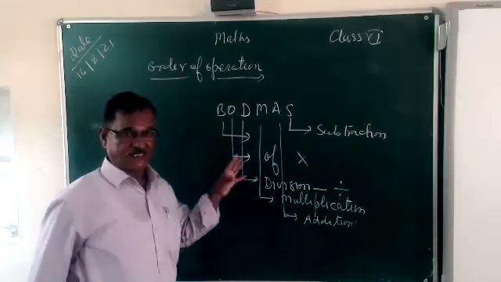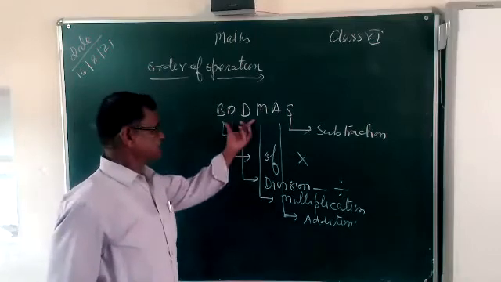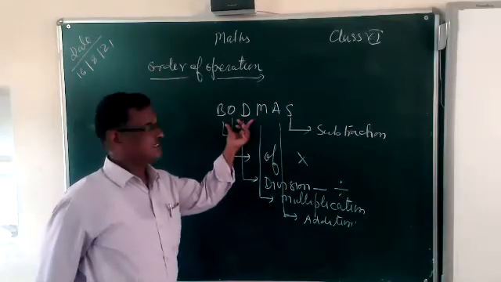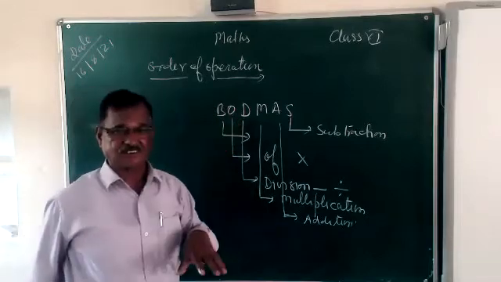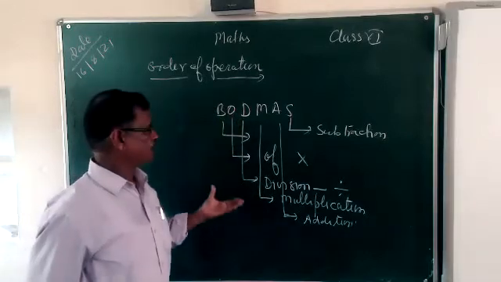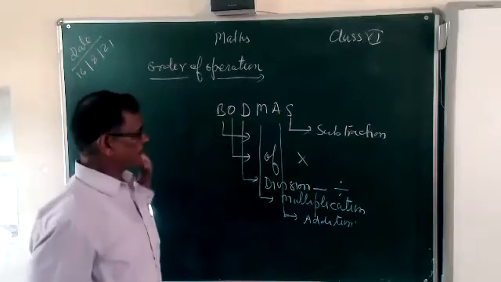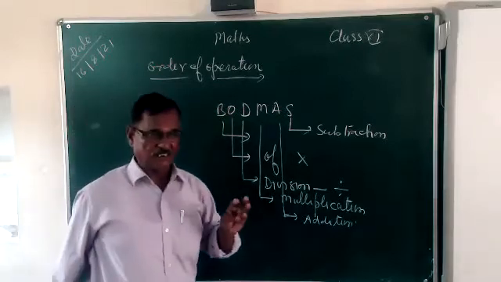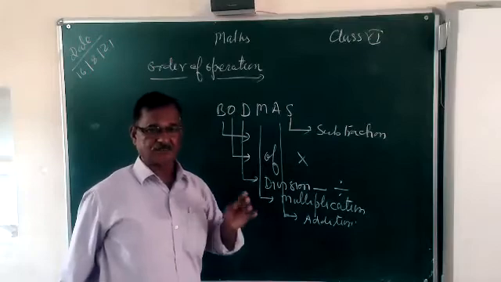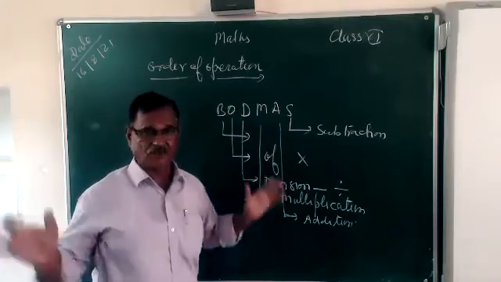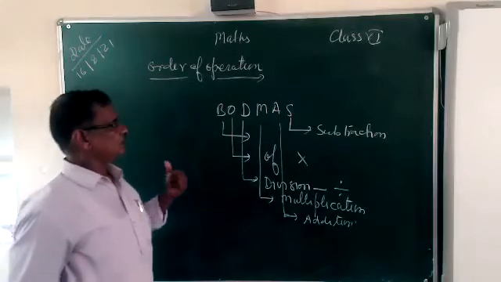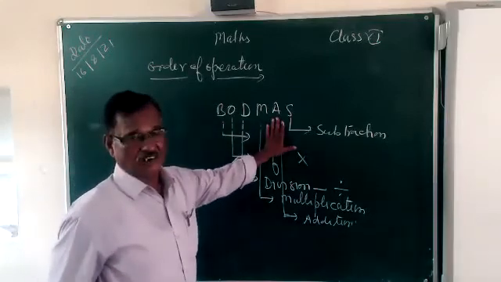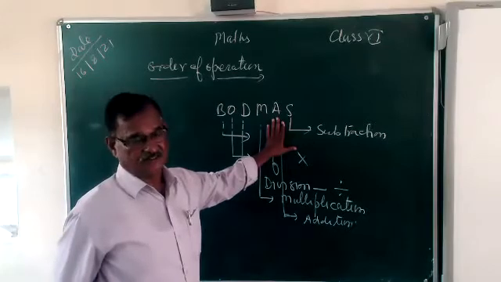So there is a special order of simplification when an expression contains more operations, like addition, subtraction, multiplication, division given together. How can we solve it? First, we use this new order of the operations.